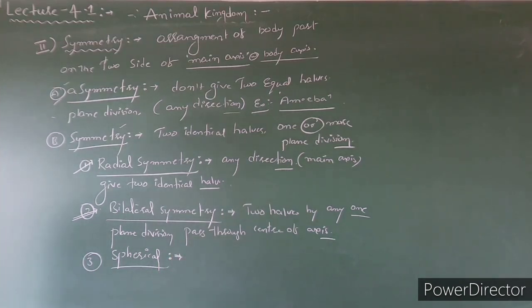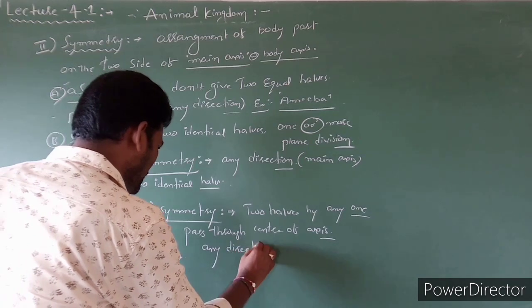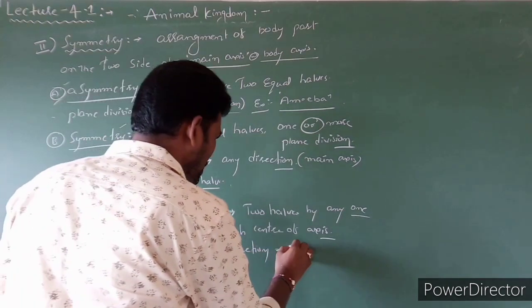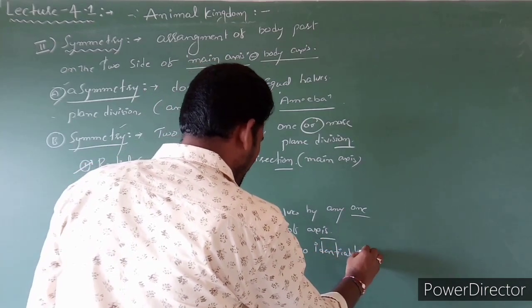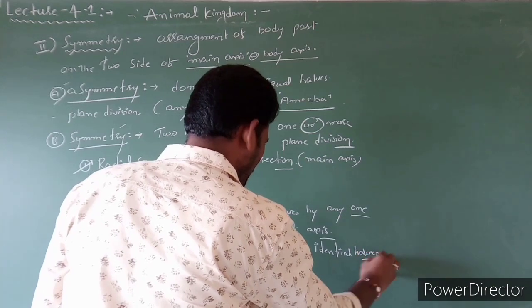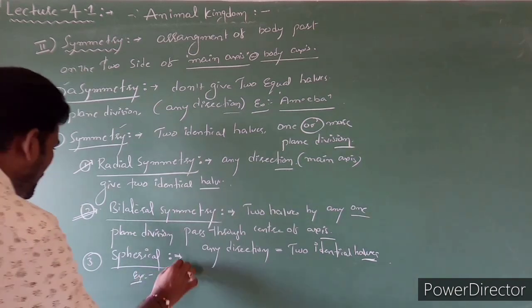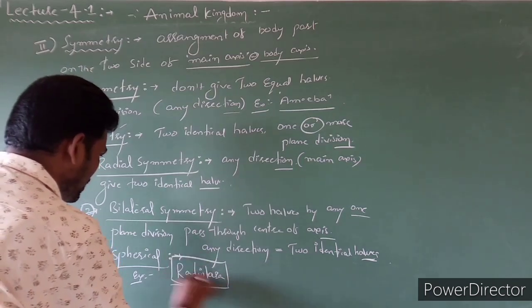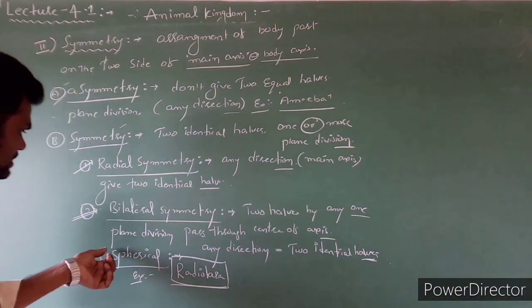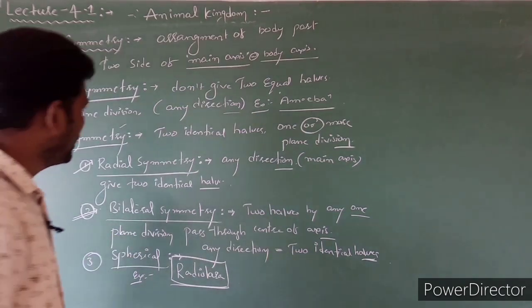In spherical symmetry, you can cut in any direction and it will give two equal, identical halves. An example is radiolaria. It is also called universal symmetry. It is called what? Universal symmetry.